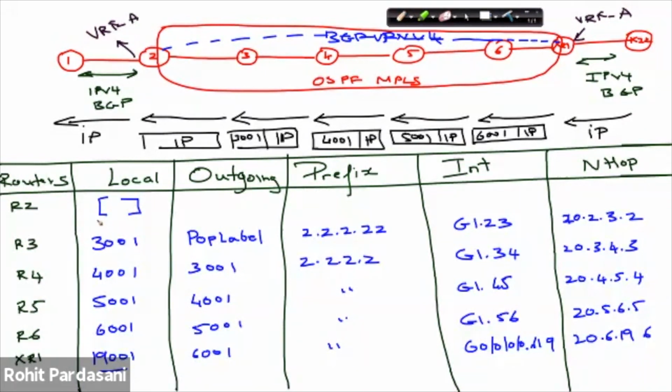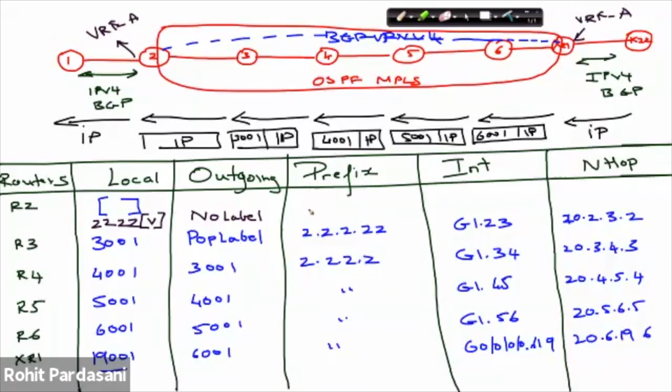So let's say he puts 2, and you would see V here. V indicates VPN label. And the outgoing label would be no label. The meaning of no label is remove all the layers and forward the IP packet to the customer.